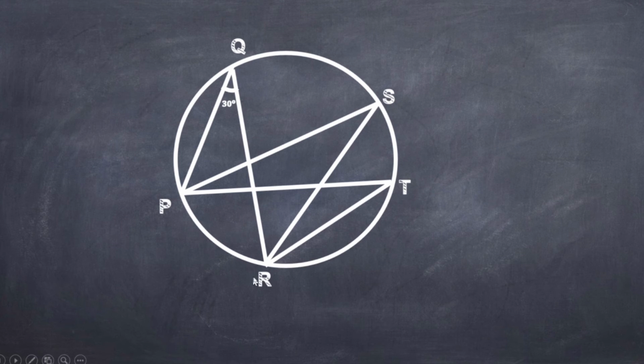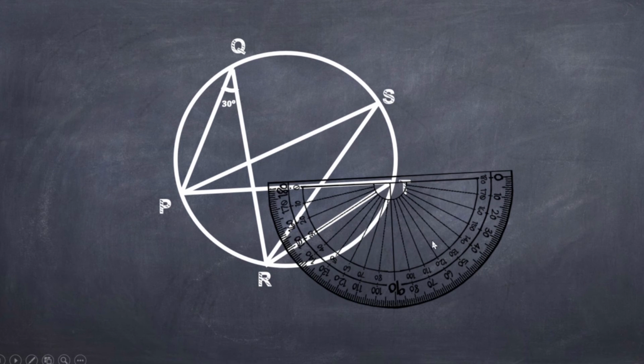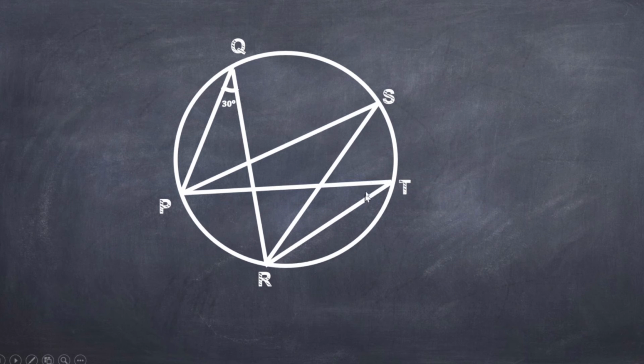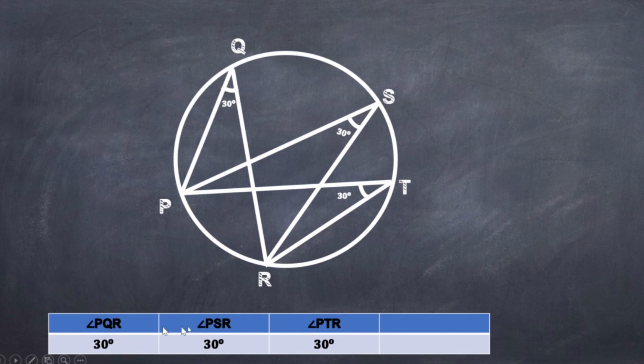How about angle PTR? Take out your protractor and measure from this point. Okay, this angle is also 30 degrees. Therefore, label it 30 degrees, and don't forget to record the reading into your table.